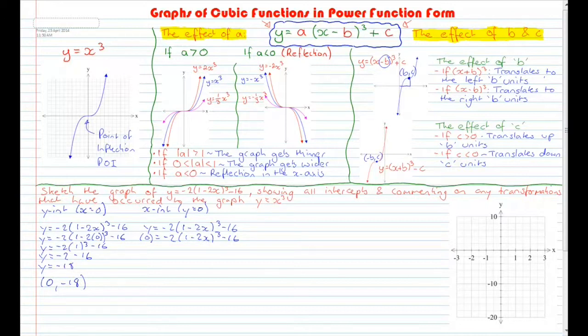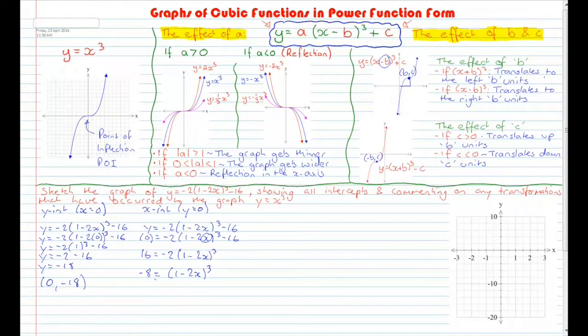And how many types of x have we got? Well, we've got just the one type of x here, so we're going to use inverse operations to solve. So you get 16 is equal to negative 2(1 minus 2x) cubed, because we add 16 to both sides. Dividing both sides now by negative 2, you're going to get negative 8 is equal to (1 minus 2x) cubed.